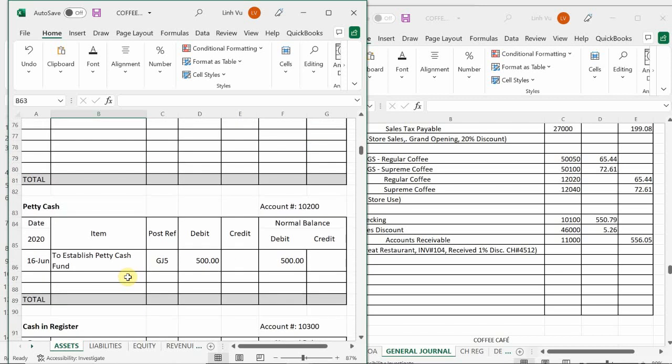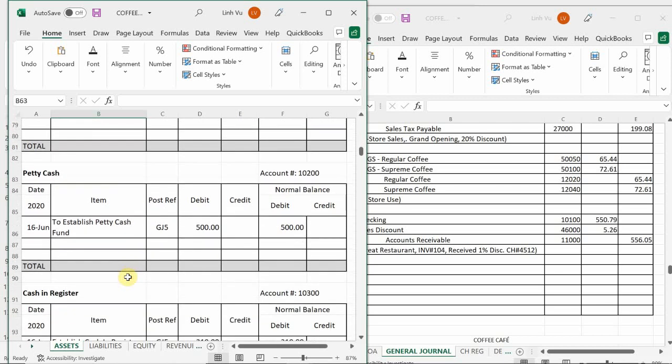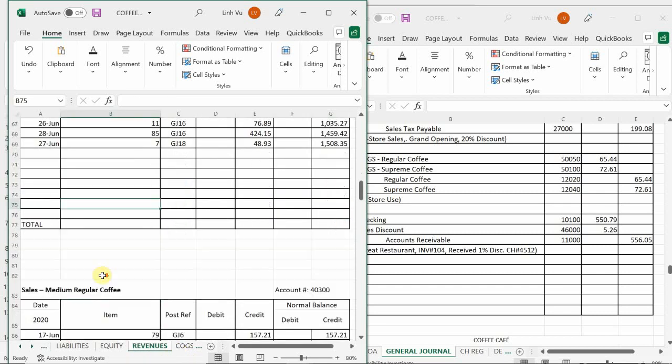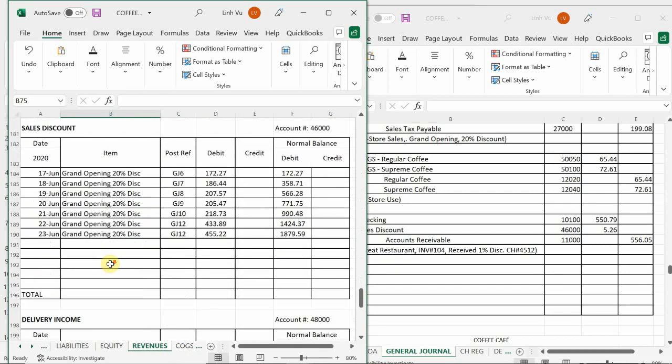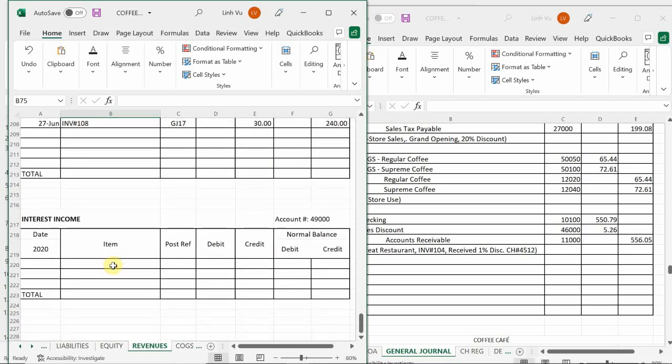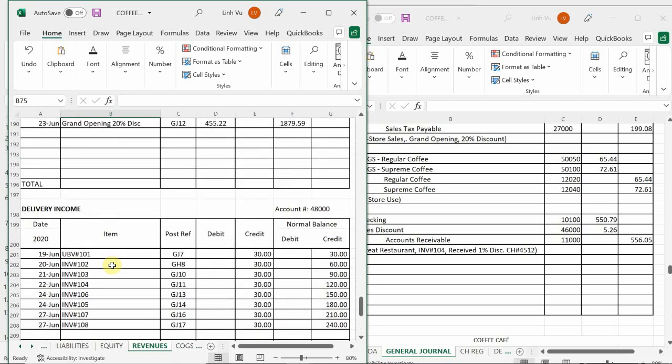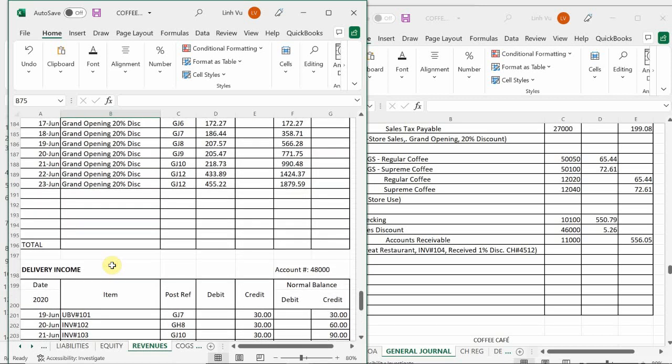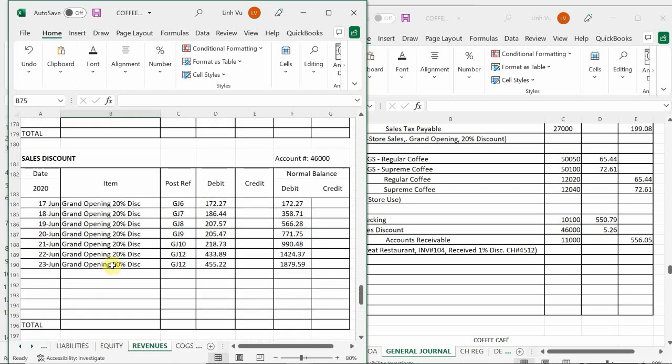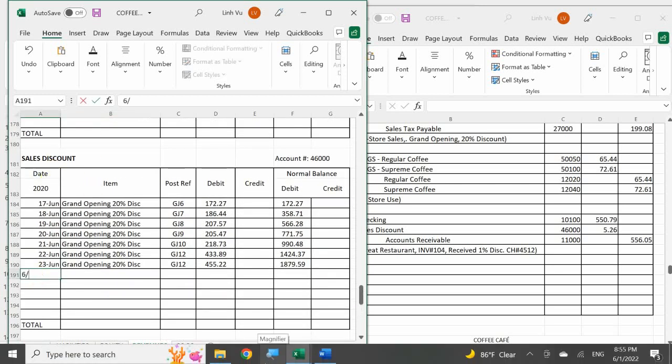We also ended up, we need to record our sales discount, right, which is a contra revenue account. So let's see, right here is the delivery income. Here you go, sales discount, right? So in this case, I'm going to make a note here. It's the 28th.